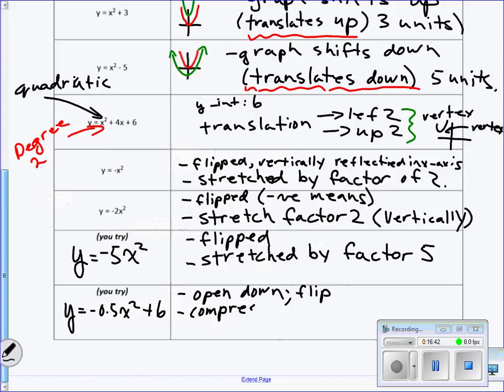But the factor that we compress by is, well, 0.5 is the same as 1/2, so our compress factor is 2/1, which really is 2. Okay, and there's going to be a vertical translation here, and our vertical translation is up 6 units. And we're good to go.